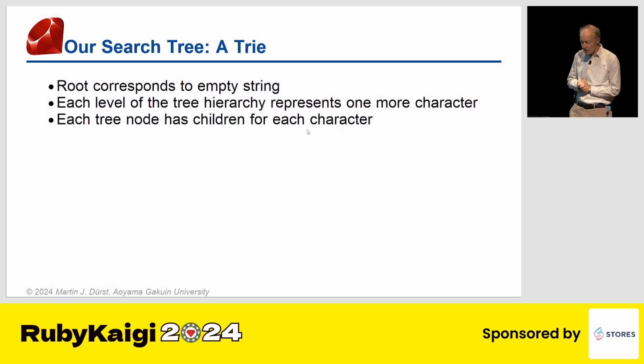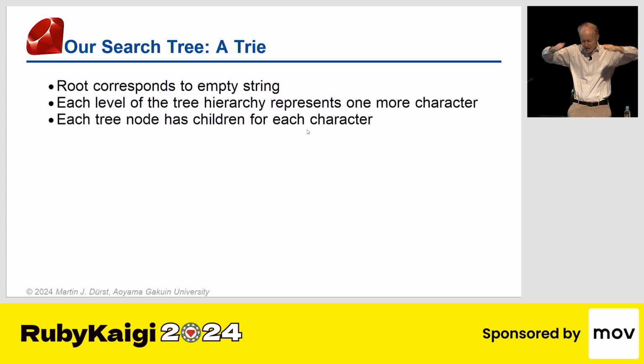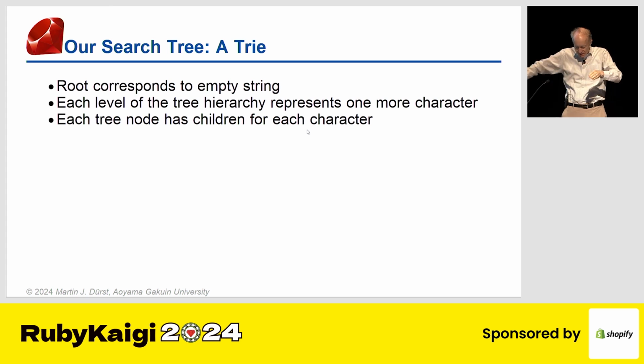The search tree that we will use is called a trie. The way it works is we start with the empty string at the root, and then on each level we have one child for each character that we can choose. Then the next character is on the next level, and so on.